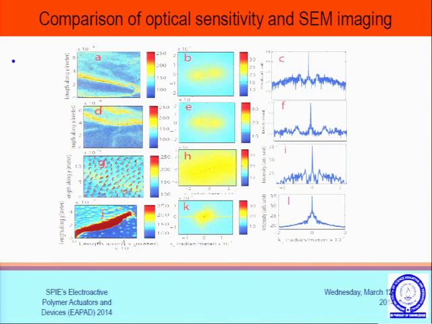When we take the FFT of this image, one can see a more pronounced diffraction pattern. If you go down to the 100 micron scale, the diffraction pattern is still there. But when you go down to the 10 micron length scale, the diffraction pattern starts to disappear. When you take the FFT of a single microstructure, there is no signature of a diffraction pattern. It means this diffraction pattern is the collective behavior of the arrangement of the microstructure. It's not coming from a single microstructure.